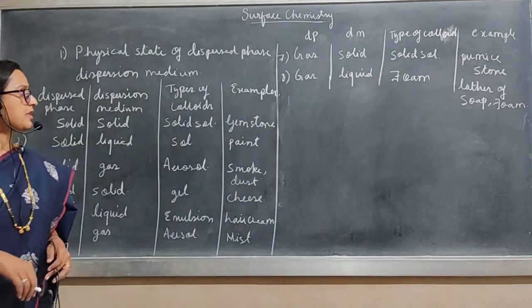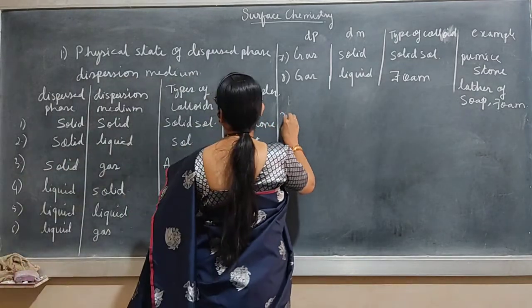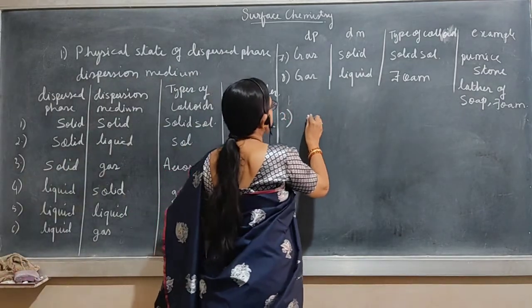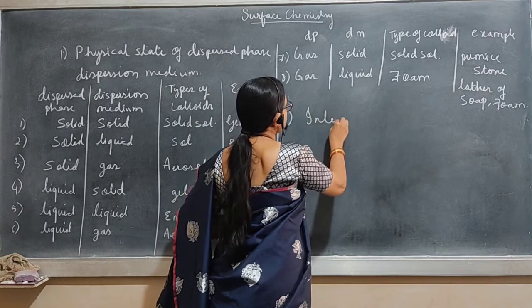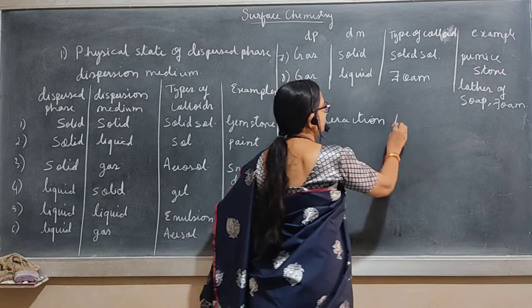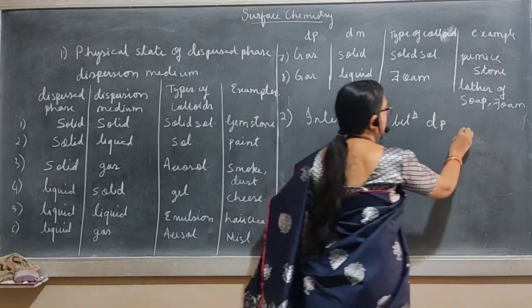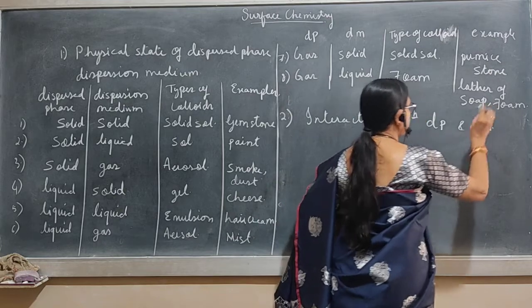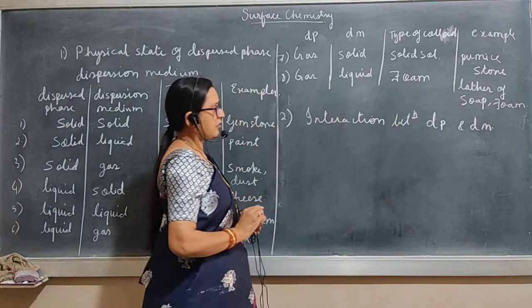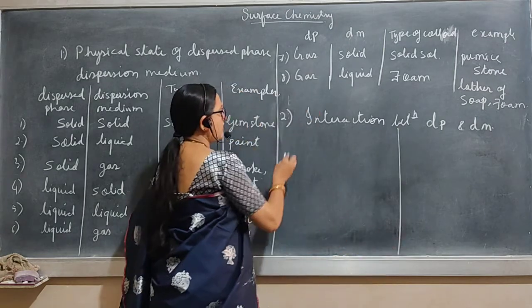Later we shall move to the next classification. Classification based on interaction between dispersed phase and dispersion medium. Depending upon this interaction, there are two types of colloidal sol.